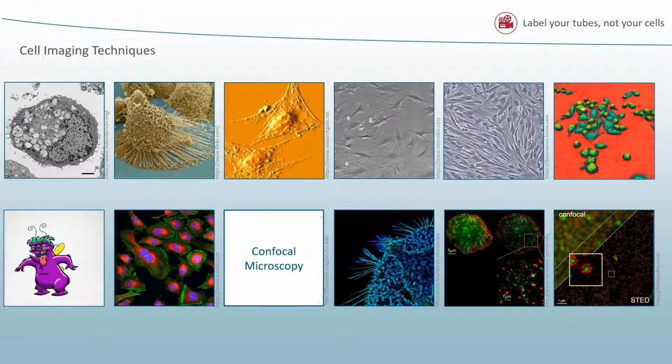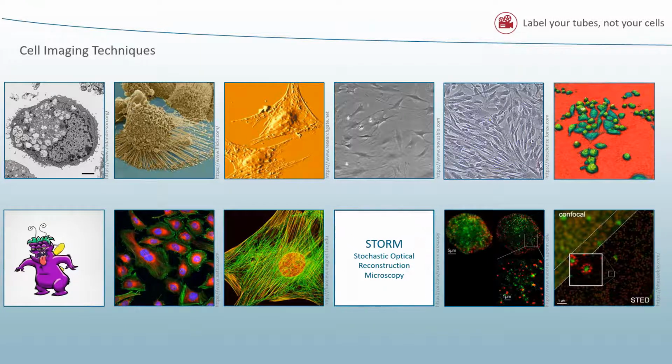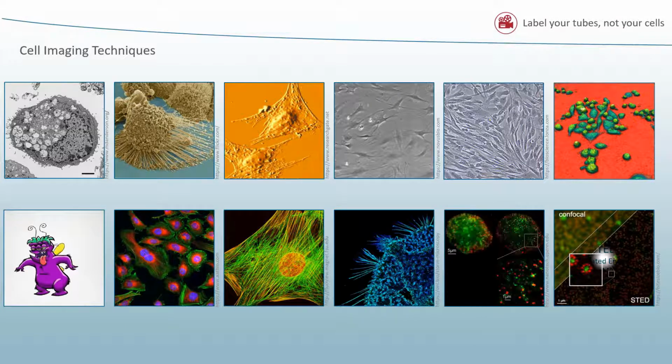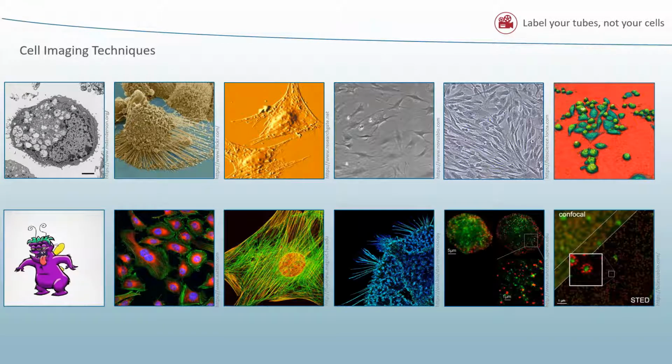A special type of fluorescence microscopy is confocal, where the fluorescence light beam is focused to a small part of the sample to reach super high resolution. And speaking of that, STORM, PALM, and STED are also high resolution techniques.